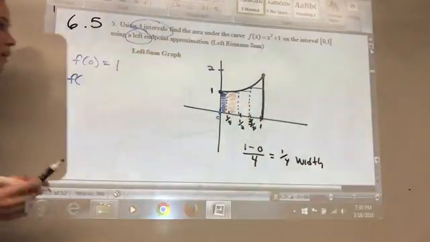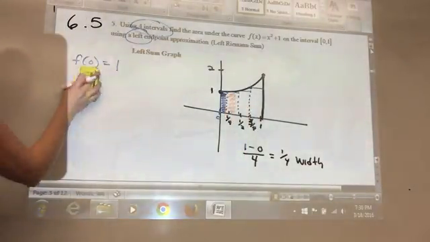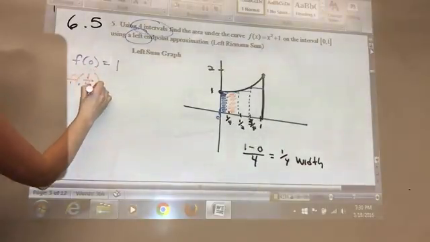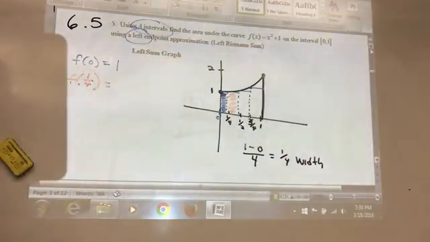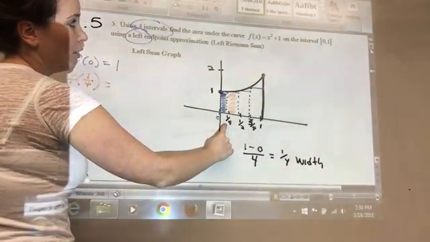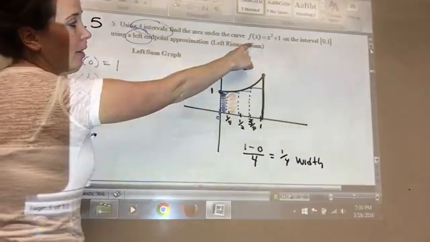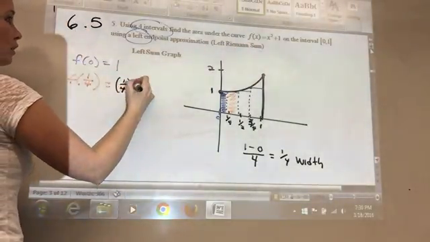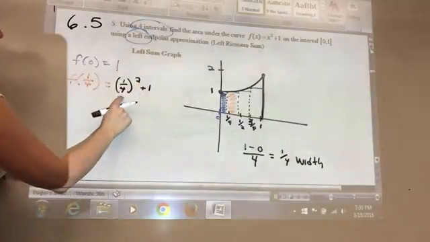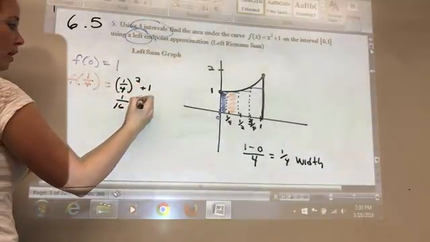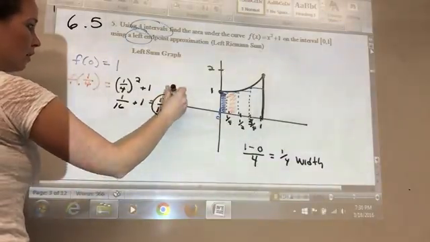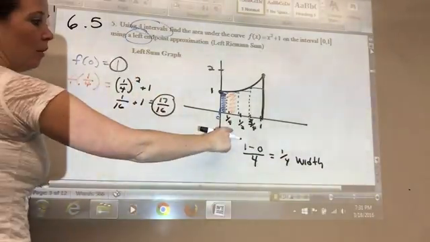Let's focus on the orange one. f of 1/4 is equal to what? Well, I want to know the height of that. So if I want to know f of 1/4, I simply sub it into my function. 1/4 squared plus 1 gets me 1/16 plus 1, which would get me 17/16. So there's the height at 1/4.